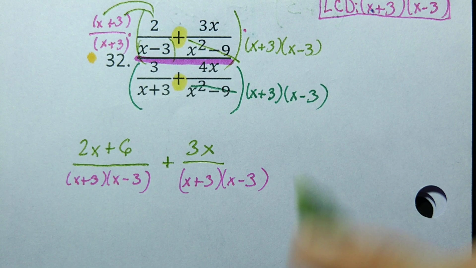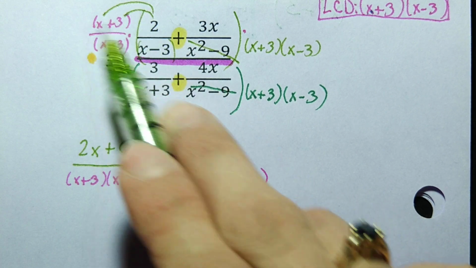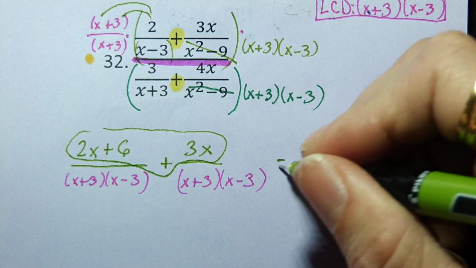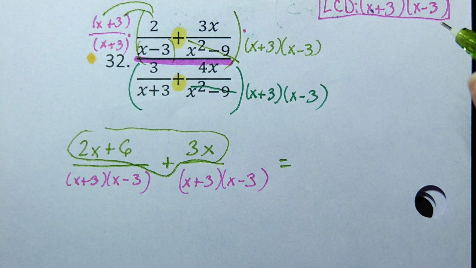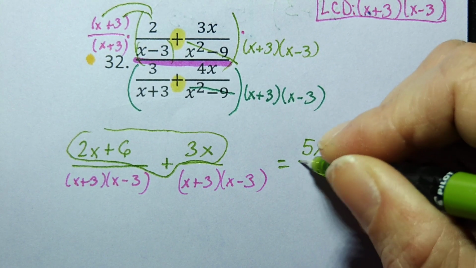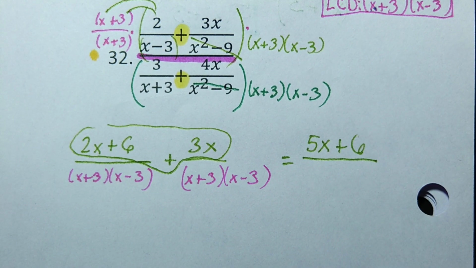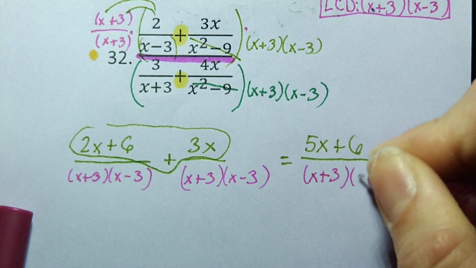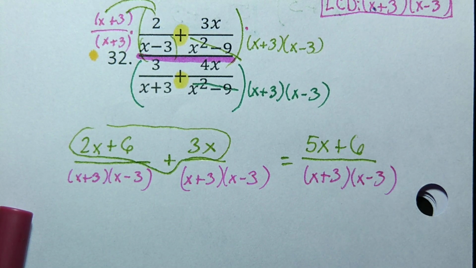So now they have a common denominator after we distribute that 2 to both of those. So we add the tops together. And we do have some like terms. So 2x plus 3x is 5x plus 6. And this is all over x plus 3, x minus 3.